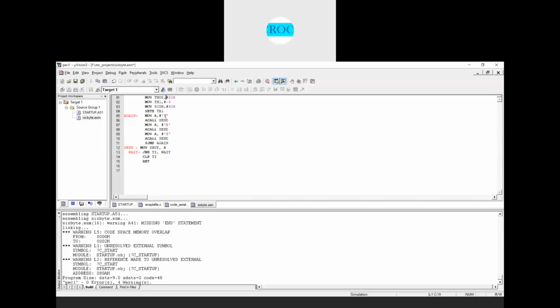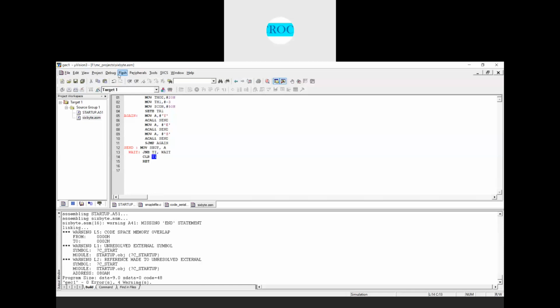Since we need to transmit Y, E and S serially, we write a subroutine send: MOV SBUF, A, and you keep on monitoring here and clear that. Before transmitting the next byte, make sure you clear the transmit interrupt flag there, right?